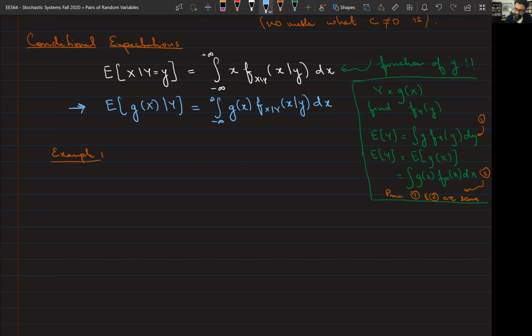If you're given f of x given y equals root 2 upon 3 pi times the exponential of minus 2 by 3 times (x minus y by 2) whole square. And I ask you to find the expected value of x given y. What is this going to be equal to?